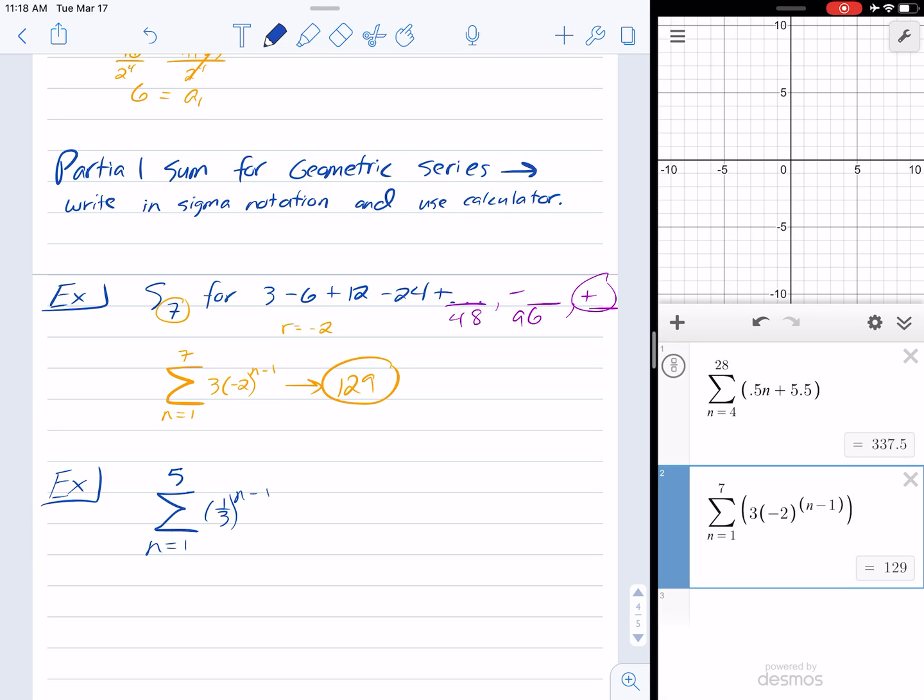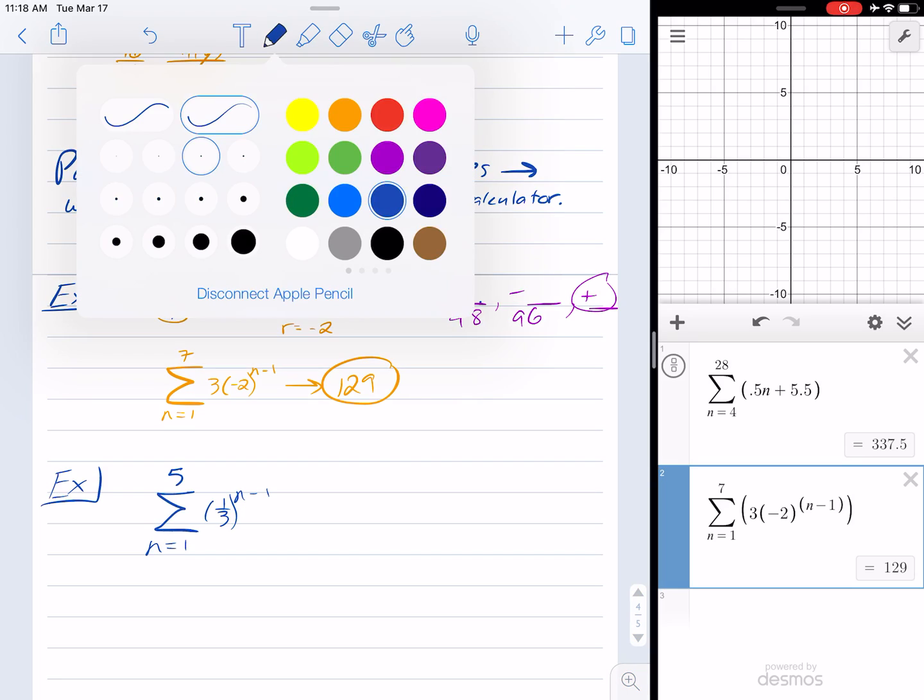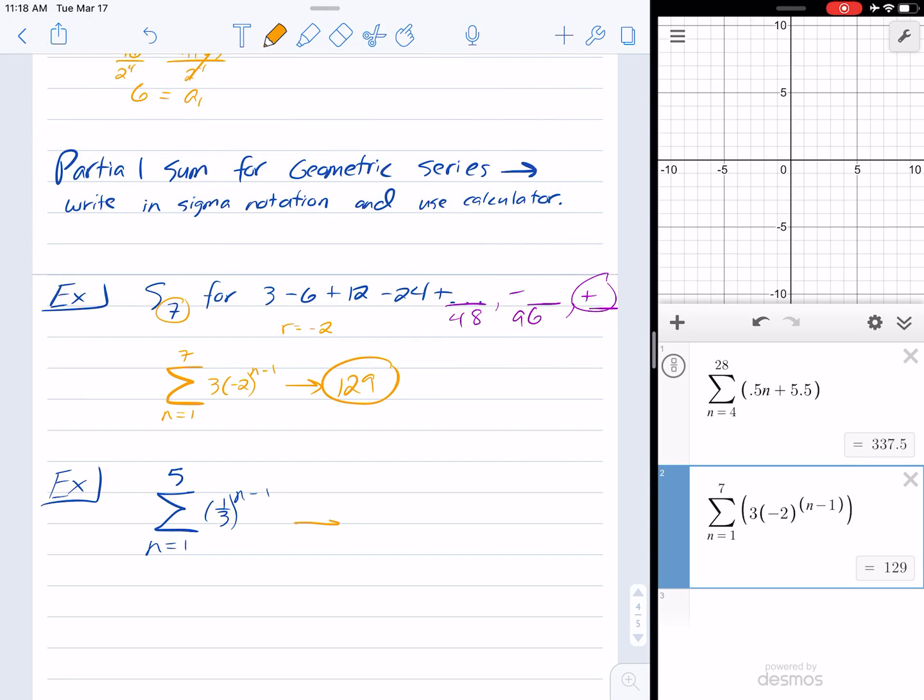You can pause if you need to for a sec, but go ahead and punch it in. If you did this correctly, you would have gotten 1.494. I think you needed to round there, or it might have been exact.